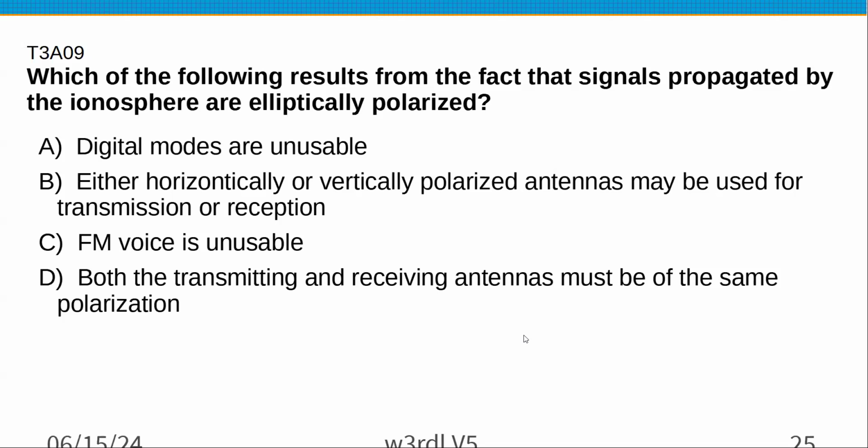So which of the following results from the fact that signals propagated by the ionosphere are elliptically polarized? What did you say?